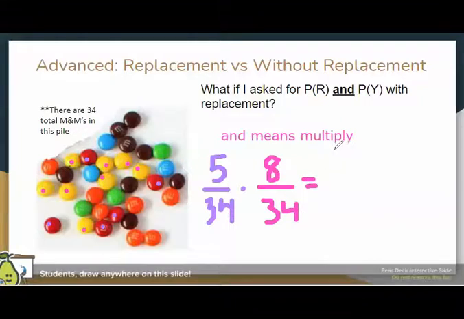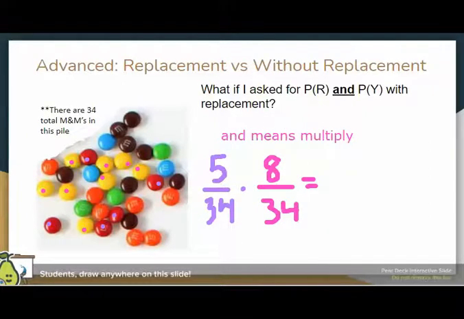So 5 times 8 is going to be 40. Well, actually, I'm going to pause real quick. I'm going to go ahead and simplify this one. And the reason I want to simplify it is because if I simplify it now, I don't have to simplify it later. It's going to be easier to do that. So instead of 8 over 34, I'm going to simplify it to 4 over 17.